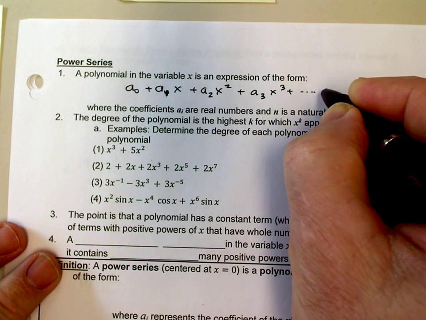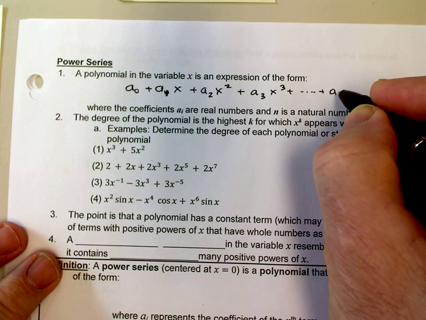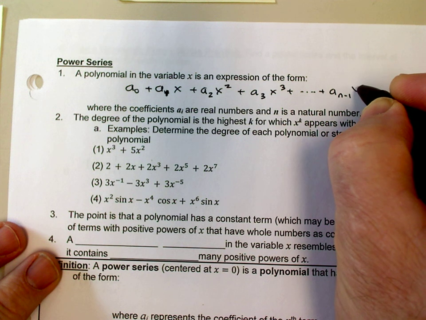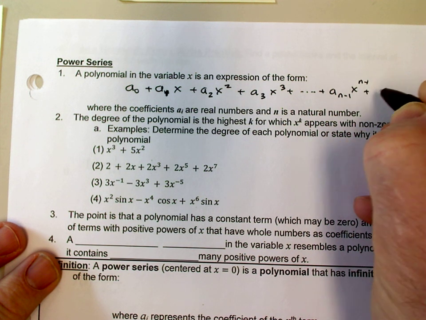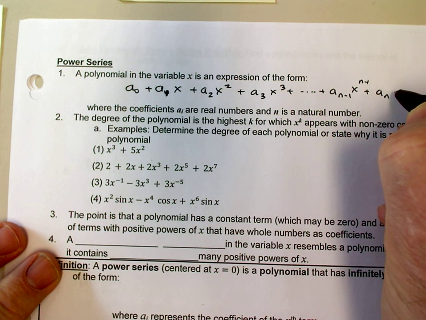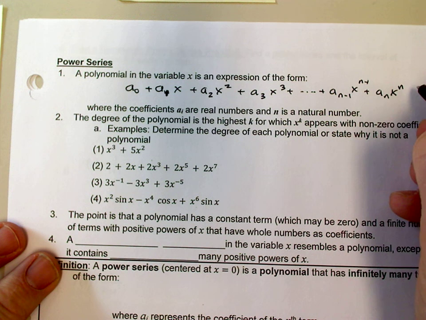And you can see that we have this pattern, a sub n minus 1, x to the n minus 1, plus then a sub n times x to the n.